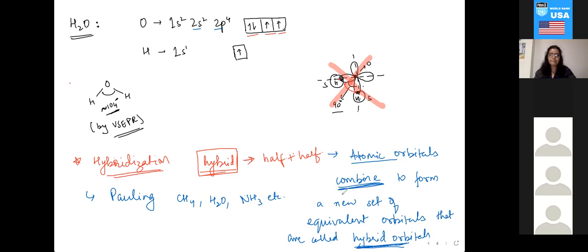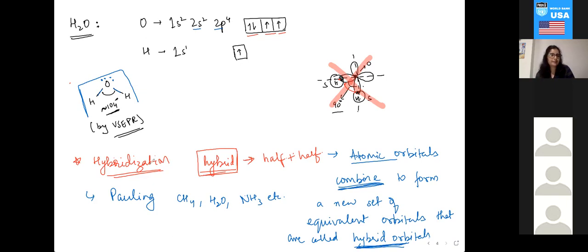Ma'am, I didn't get how this is different from VSEPR or VBT. VSEPR is giving you only the shape. It just takes into picture how many lone pairs and bond pairs there are, and based on that, it gives you the shape. Now, VBT and hybridization explain how that shape came about.